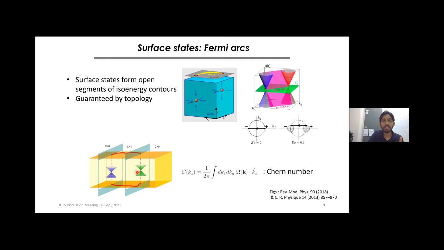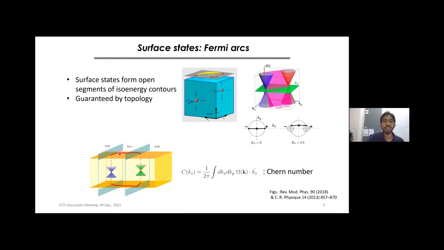Then inside the two Weyl nodes, because flux is coming out and entering here, you can see there is a net flux coming out of any plane, which means the Chern number is always going to be 1. But on this other side, the Chern number goes to 0, right? But we know from the bulk boundary correspondence that if we have a non-trivial Chern number in the bulk and it is gapped, it essentially means that the surface has to have topologically protected quantum Hall states, which are states that will lie localized on the surface, right?